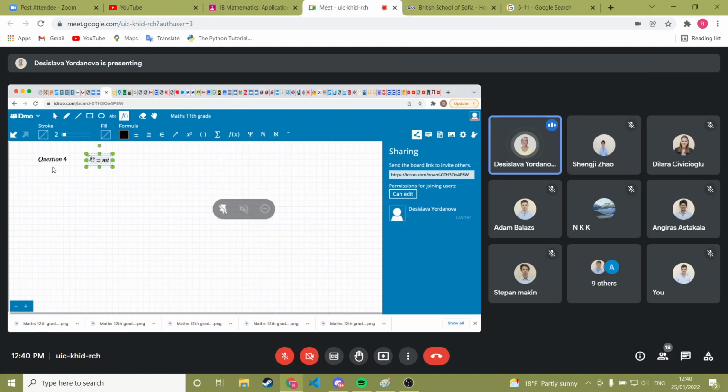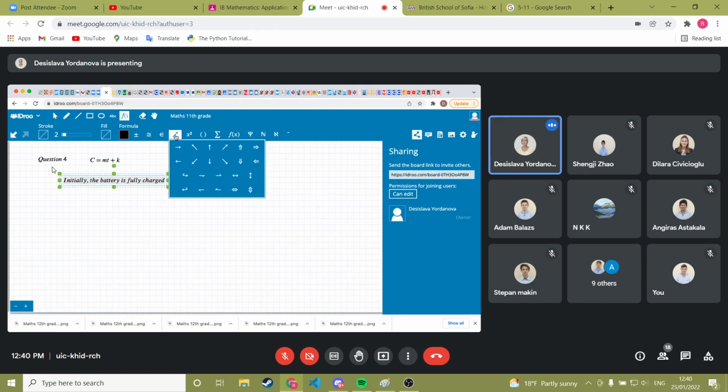Empty plus k. Initially, the battery is fully charged. This means that when t is 0, which means initially, c equals 100.